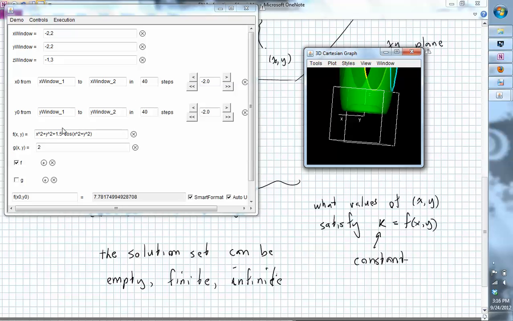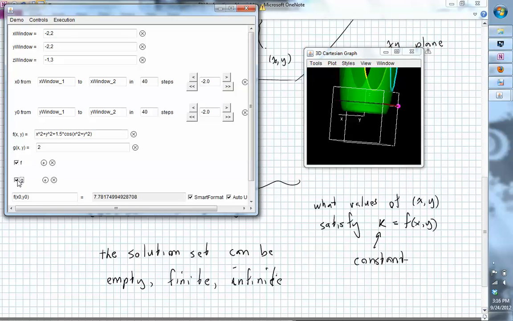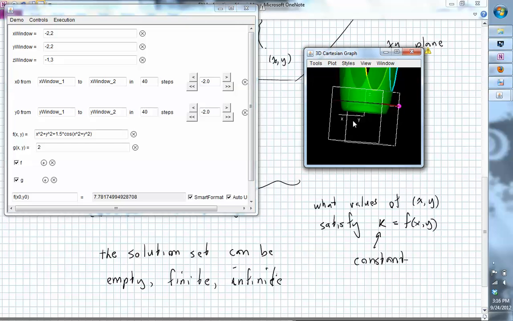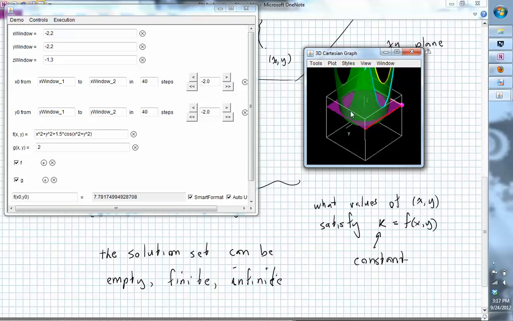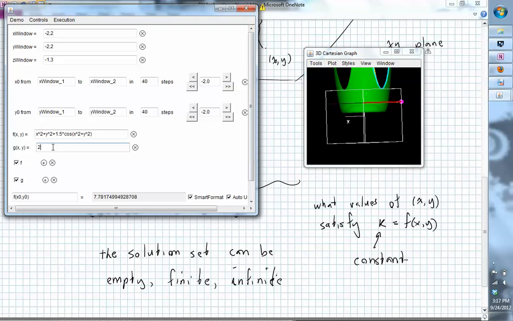What I want to do is play around with the level curves. So I've turned that on, and you see here at 2, I'm still just looking at a circle. But what do you think is going to happen if I lower this a little bit? I'm going to start getting more complicated level sets, level curves. Concentric circles is what I'm hearing from over here. So let me knock this down to 1.5.